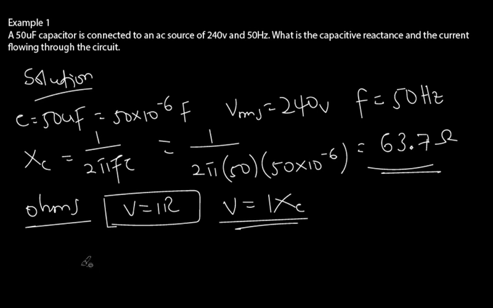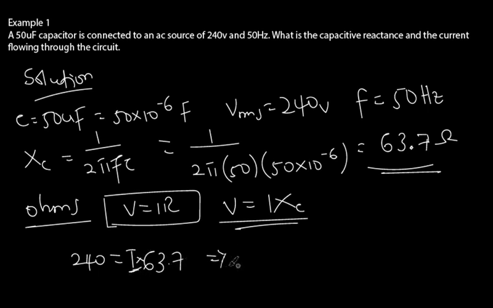This simply means the resistance, but the resistance of a capacitor, not that of a resistor. So if you want to find the current, we already know the voltage, the root mean square voltage. So we have 240 equals I, the root mean square current, times the capacitive reactance, 63.7.